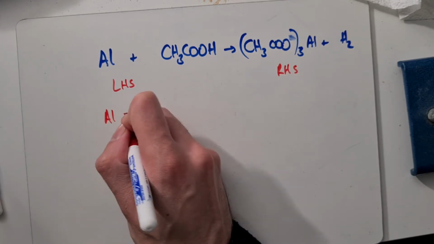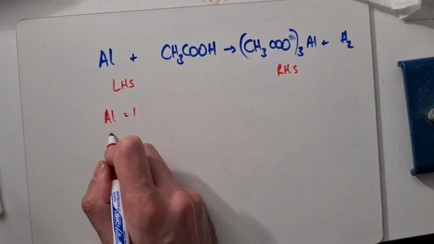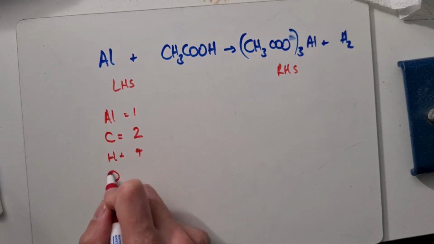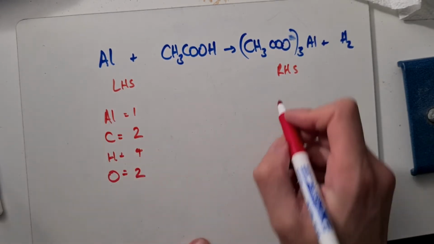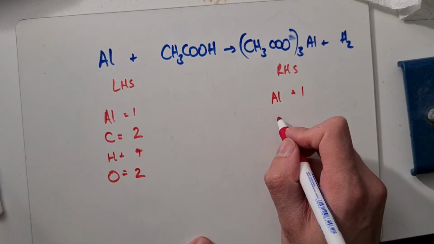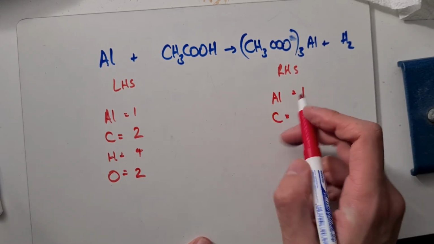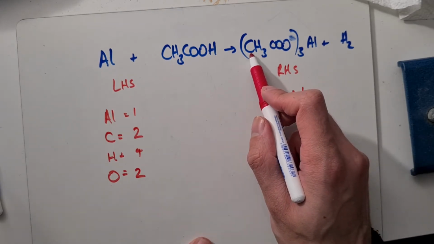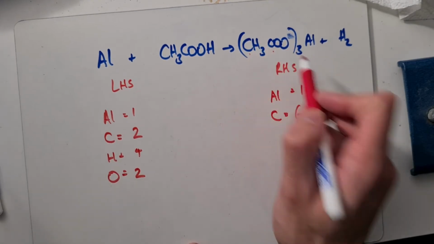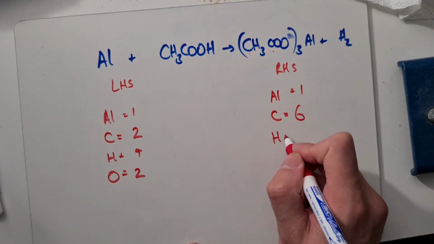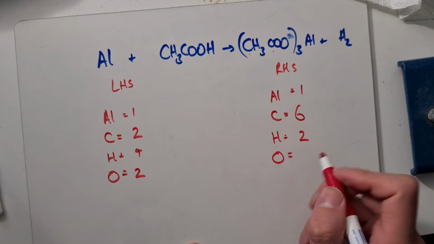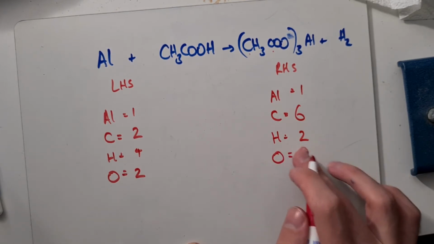We've got 1 aluminium, 2 carbons, 4 hydrogens, 2 oxygens. And on the right-hand side, we've got 1 aluminium, 6 carbons, because this is times by 3, 2 hydrogens, and 2 oxygens.